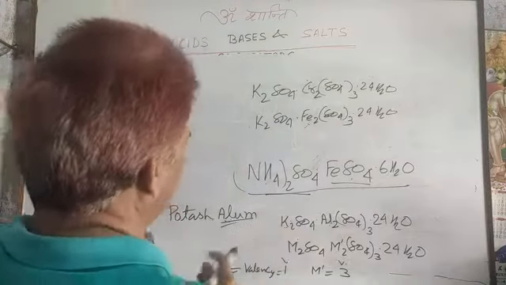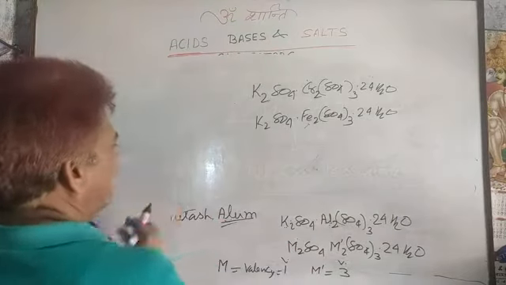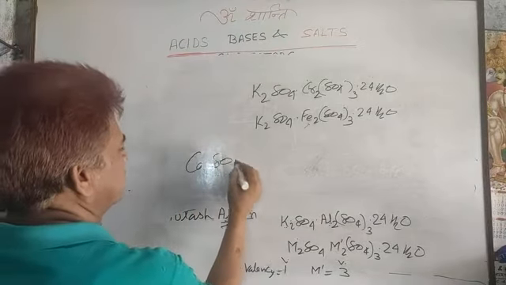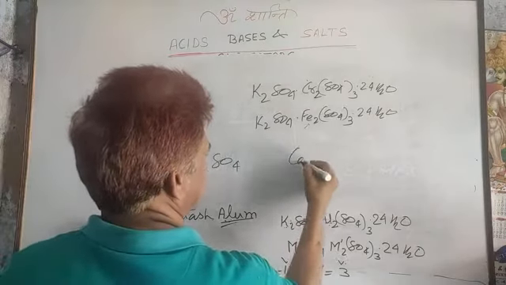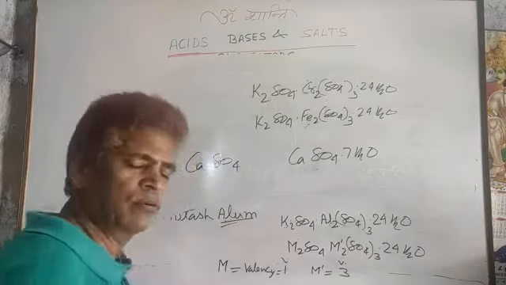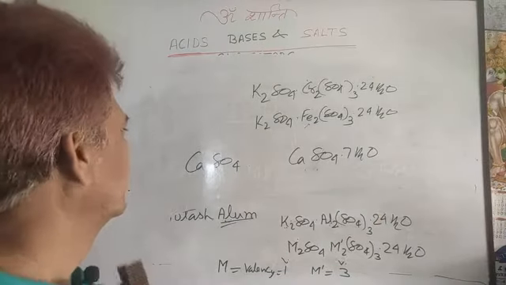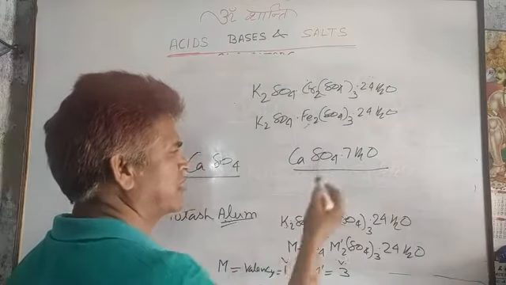And one more thing I want to explain here. When you write calcium sulfate, in some places it is also written as calcium sulfate with 7 water molecules associated. This is also calcium sulfate. What is the difference between them?